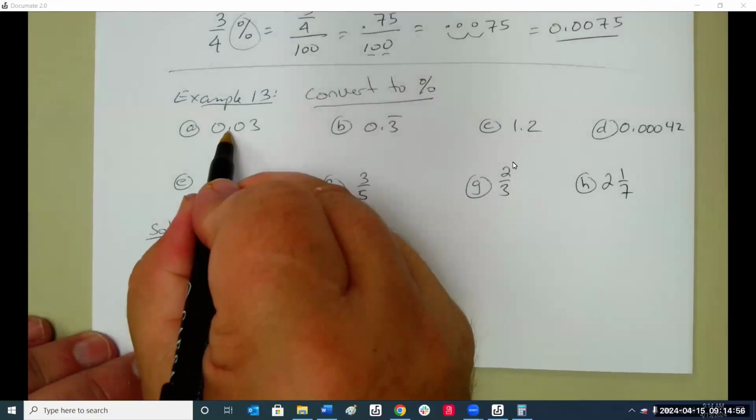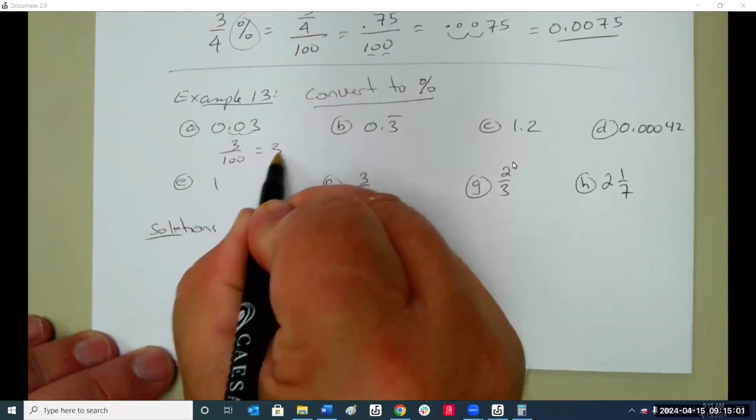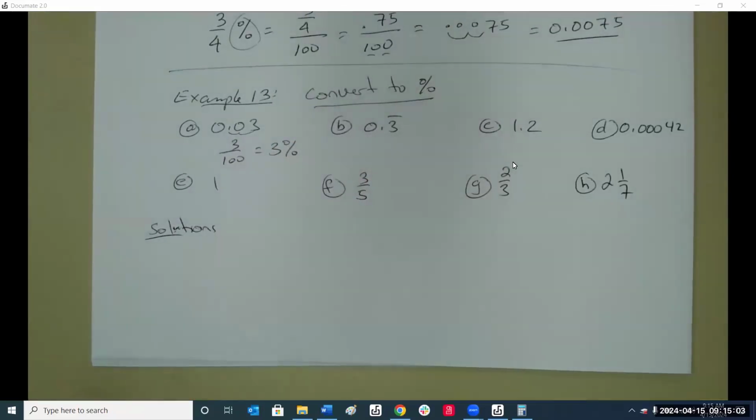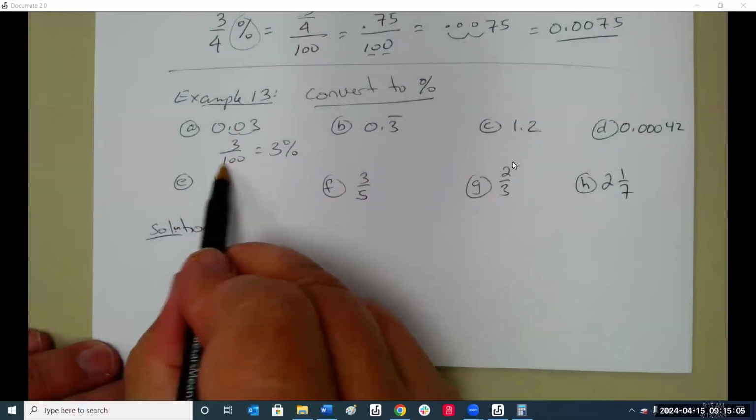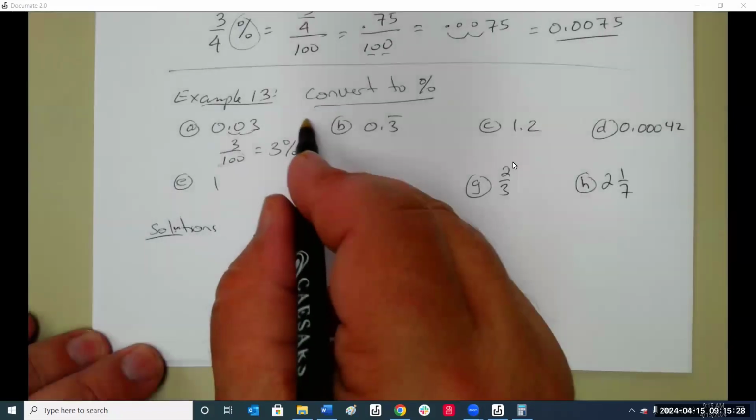Right, because this one has two spaces, so it's 3/100 already. As soon as you have 100 on the bottom, that's the percent. How about B?